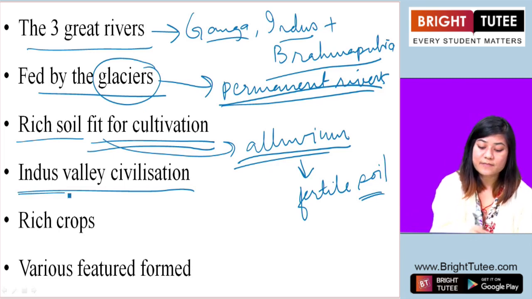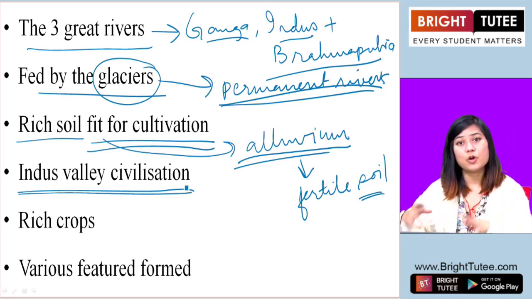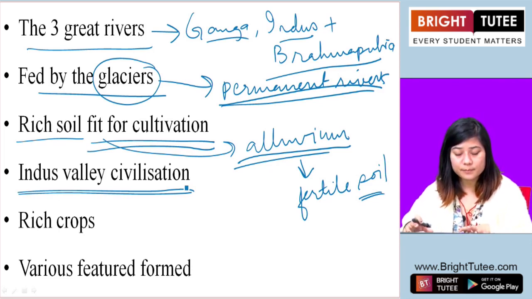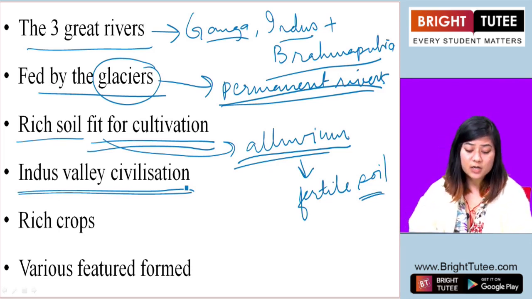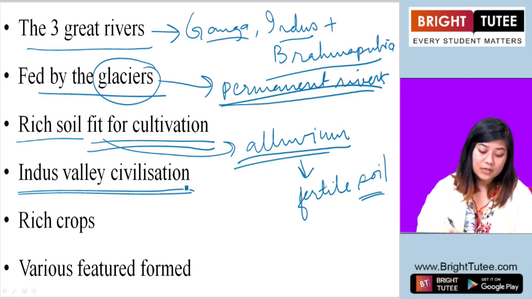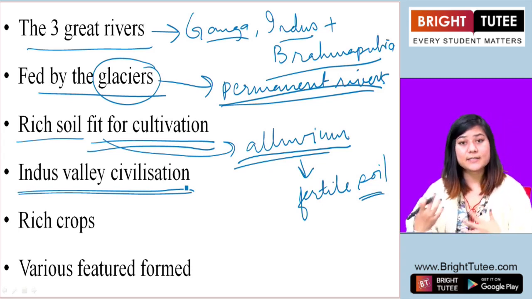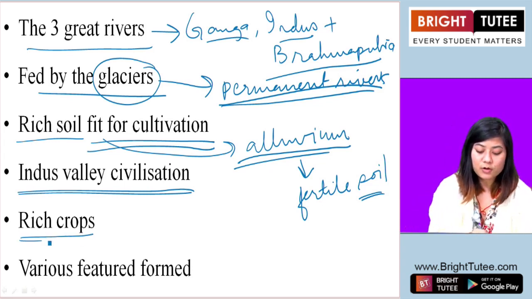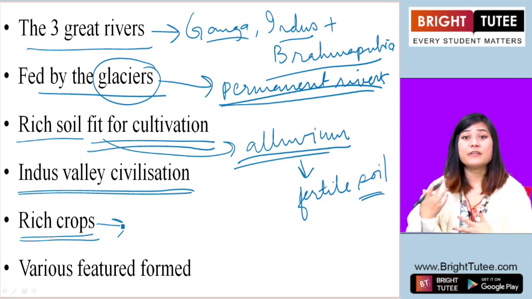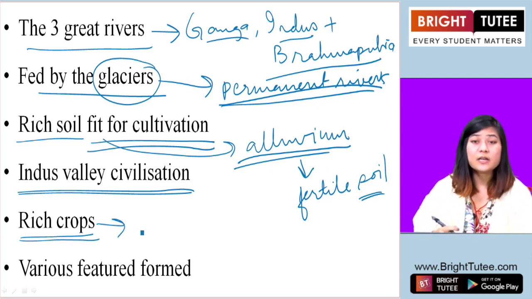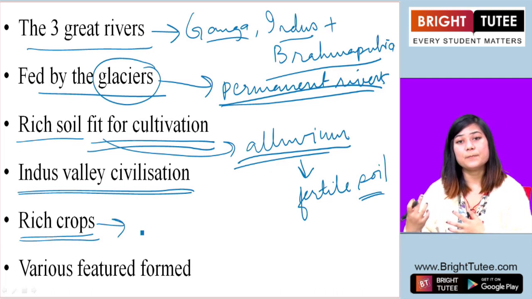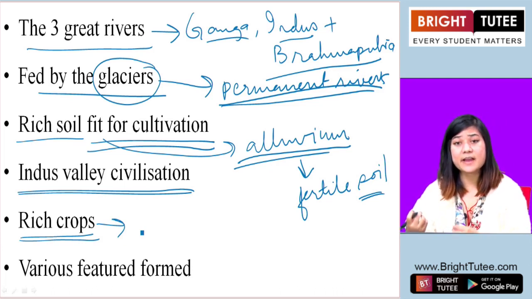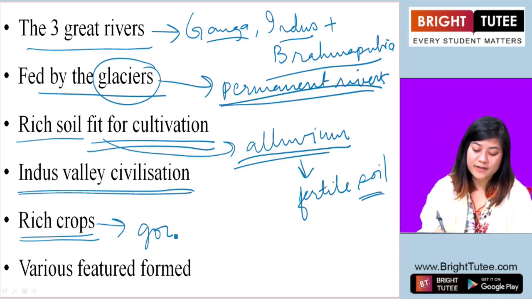So the Indus Valley civilization also emerged in this particular part of the country. So obviously when the soil is rich, the crops also become very rich, in the sense that these areas have good harvests.